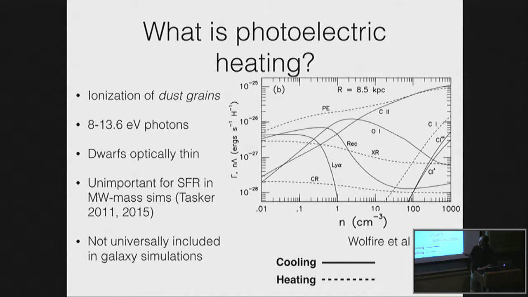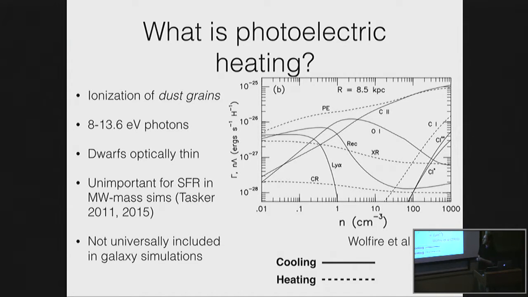But photons between 8 and 13.6 eV have low enough energy that they are able to get past all the hydrogen, and in fact, the galaxies I'm considering are basically optically thin to this radiation. So they travel throughout the galaxy. They may eventually hit a dust grain. When they do, they have plenty of energy to ionize it. That electron then shares its energy with the surrounding gas.